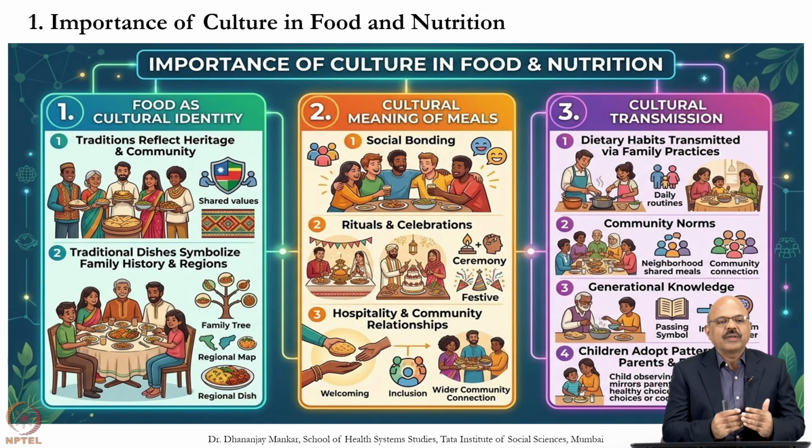Traditional dishes symbolize family history and regions, where family trees are combined, so there are regionalities that come with the entire family meal or a family dinner. The regional dish gives a flavor, with an inclusion of vegetarian versus non-vegetarian and even a mix of sweet dishes. So it identifies as a cultural identity in the food.